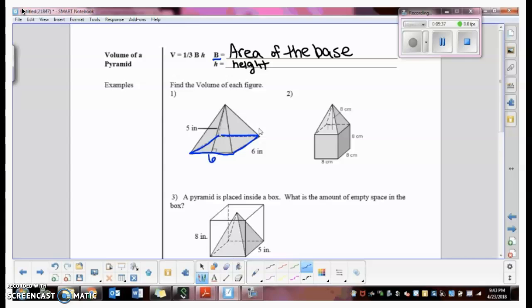This is a square pyramid, and we're assuming both sides have a side of 6 inches. Our base is a square, so that would be 36. Now notice how we're not using slant height for this one. We're using the regular height.